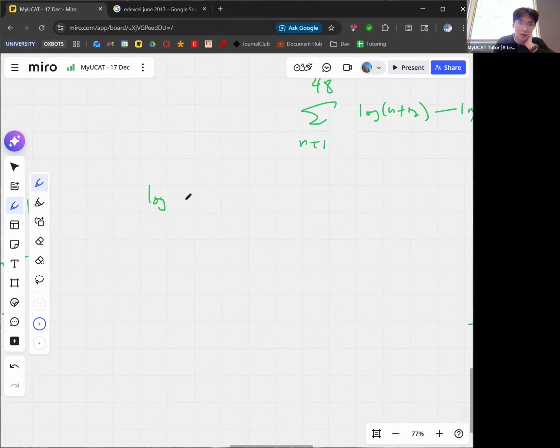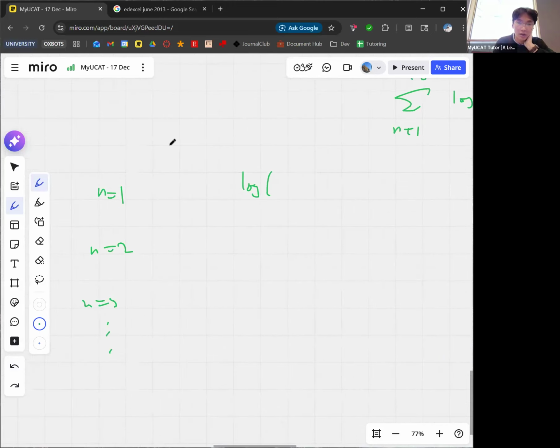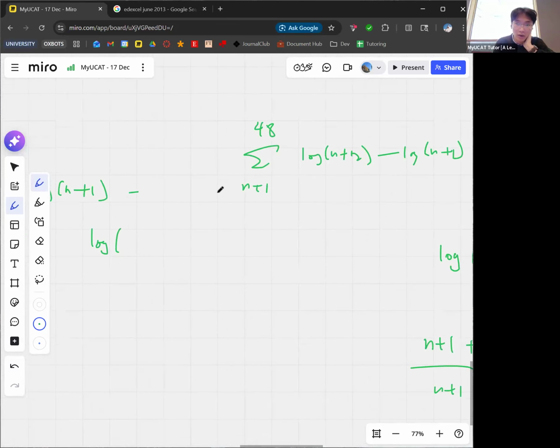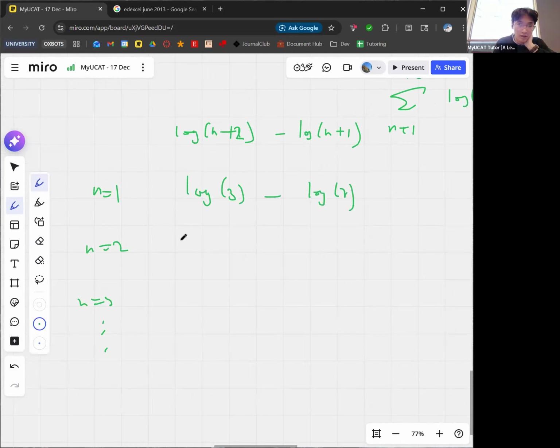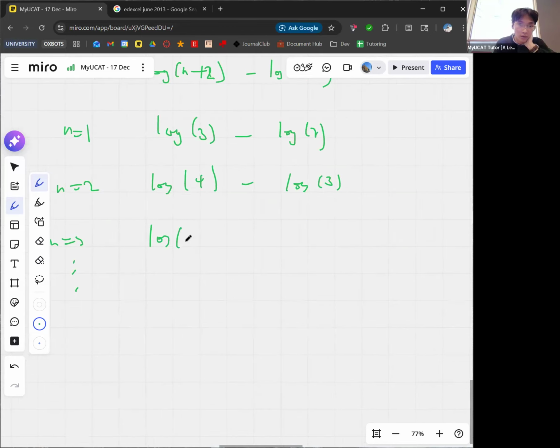For n equals 1, this is log of 3 minus log of 2. Then the next one is log of 4 minus log of 3. And then log of 5 minus log of 4.